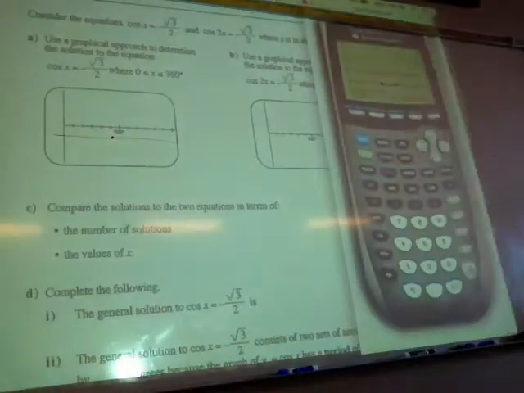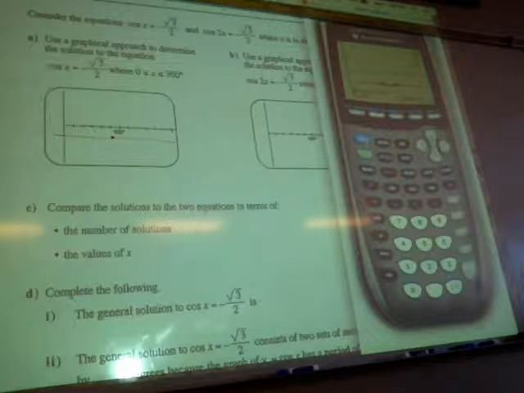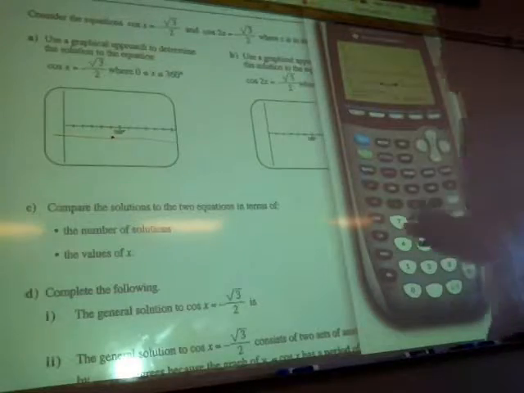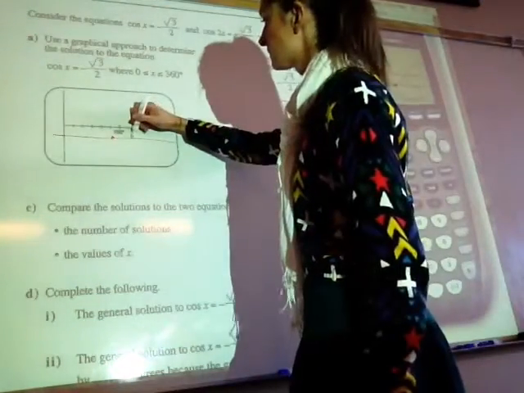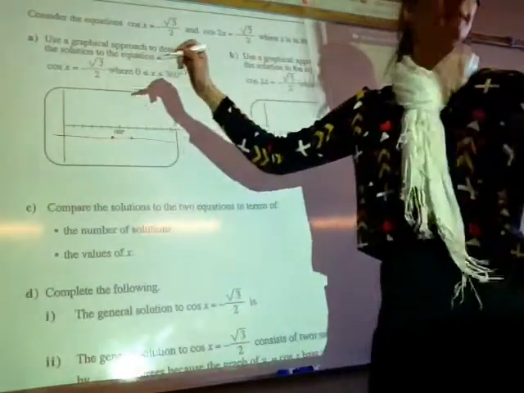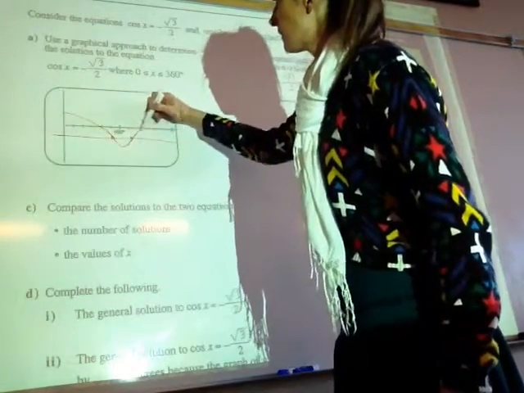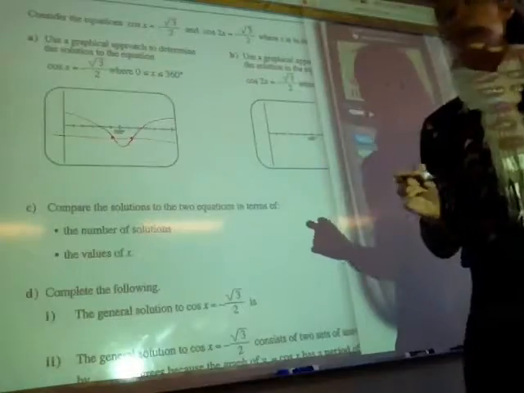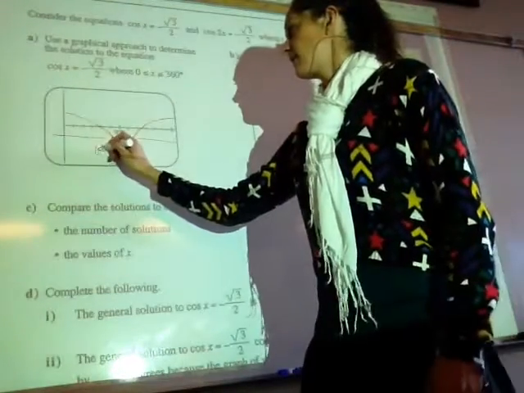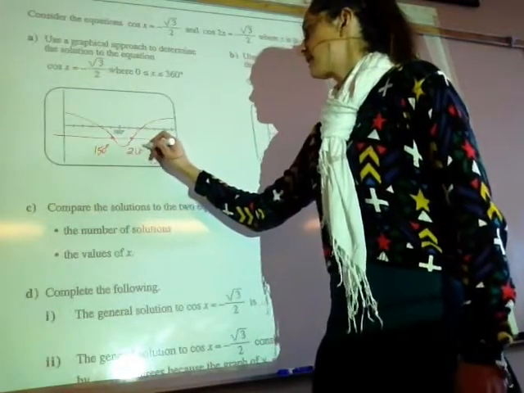Okay, and then the next solution, second trace, number 5 for intersect, will be 210. My graph's not totally accurate, but we have solutions at 150 degrees, 210 degrees.